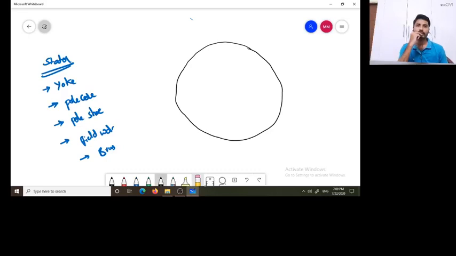Remember, this is the yoke. The yoke is the outer core of a machine. I'm drawing the yoke. Sorry, the circle is not clear, adjust itself.